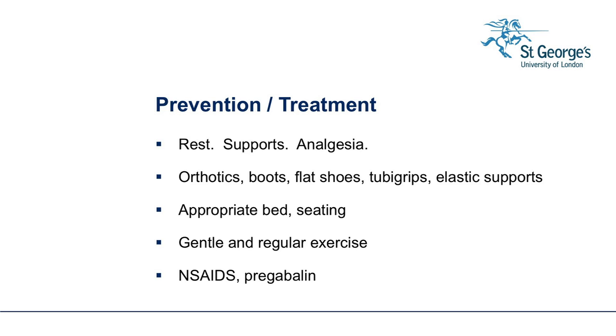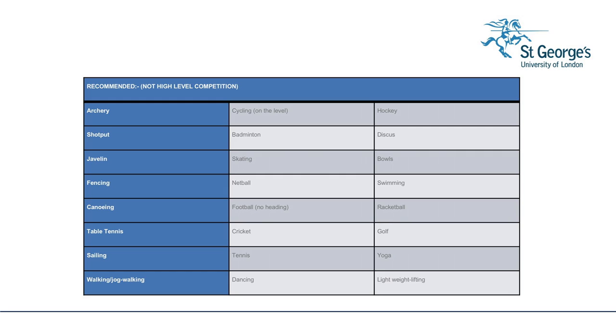If the non-steroidal anti-inflammatories don't work, then referral to a pain clinic to try something such as pregabalin may be necessary. Some sports are recommended, such as swimming, badminton, walking, cycling on the flat, the lighter sports.